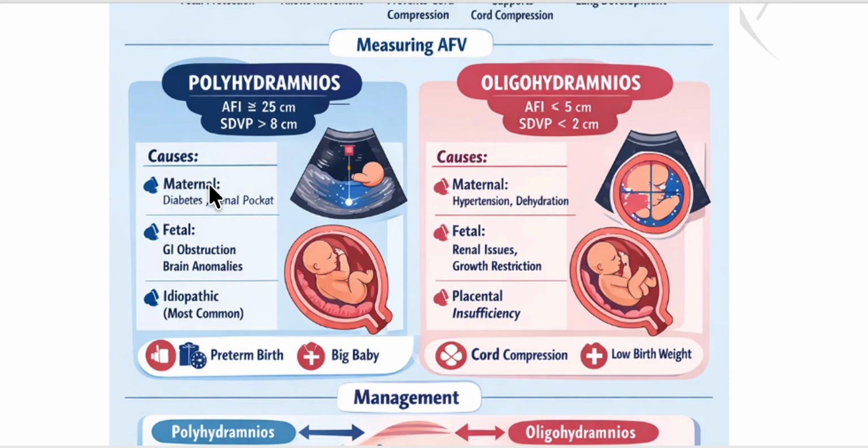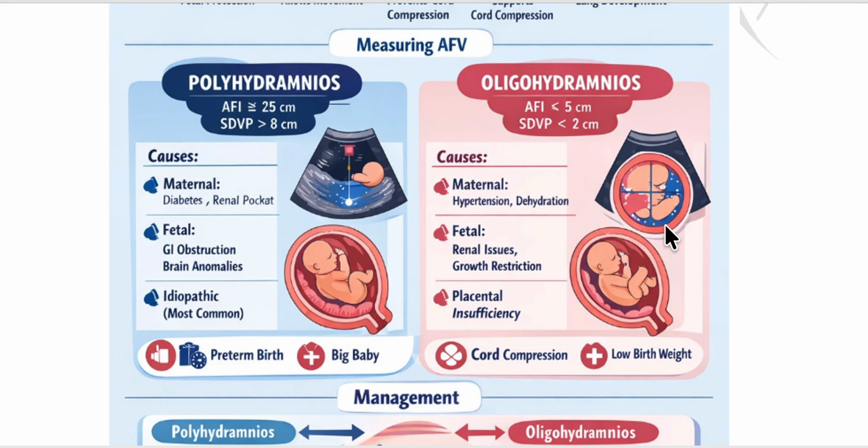We have to understand what is meant by amniotic fluid index and single deepest vertical pocket. Amniotic fluid index means, if you look here, there are 4 quadrants. They divide the mama's tummy into 4 quadrants, 1, 2, 3, 4, and measure how much fluid is in each, then add them up, and that is the amniotic fluid index.